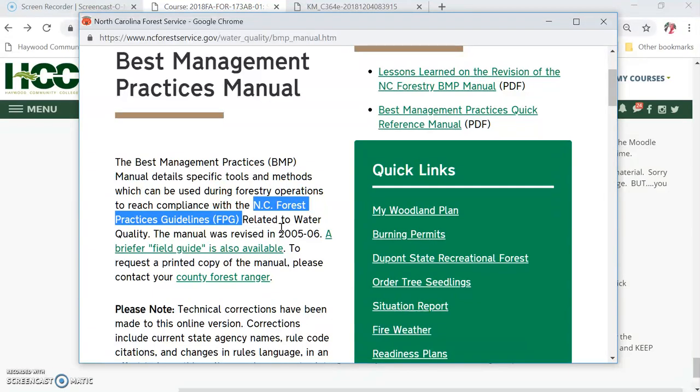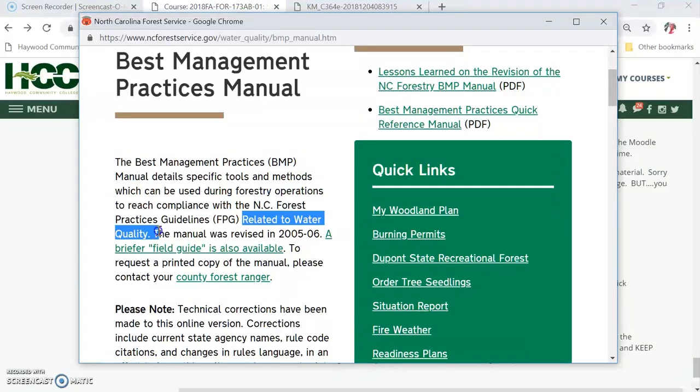It's good, if you are ever going to get into any kind of land management, to familiarize yourself with that, because these are guidelines related to water quality. That's the number one problem we have with forestry, messing up our water quality. So it's really important to know what practices are not allowed by the state.